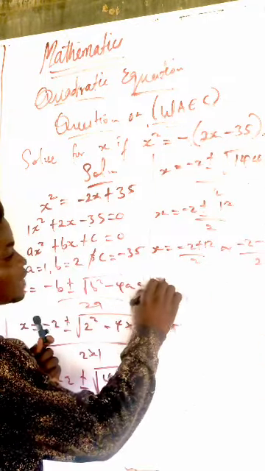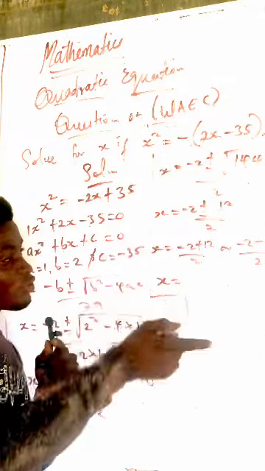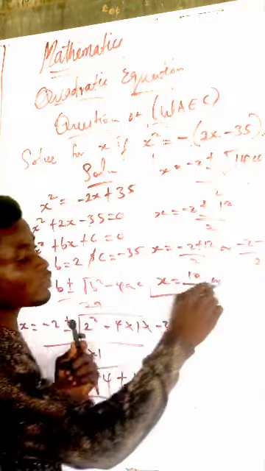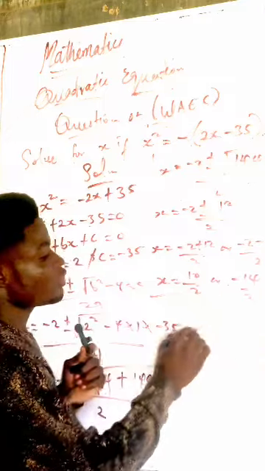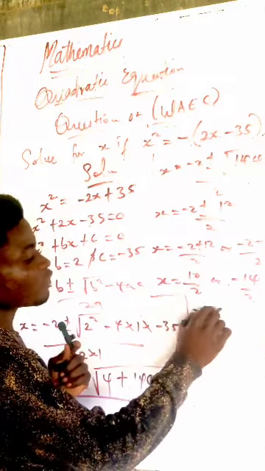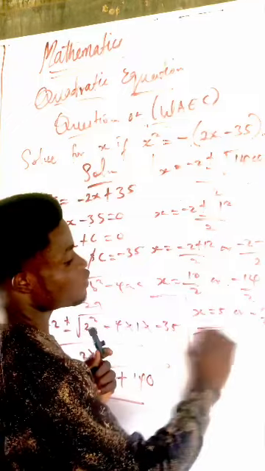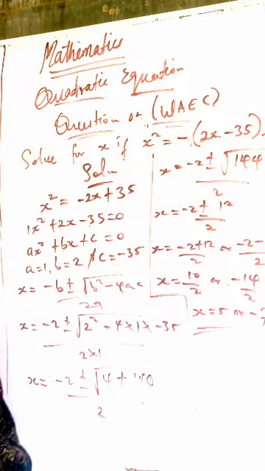So x now gives what? Minus 2 plus 12 is what? 10 over 2. Or minus 2 minus 12 is what? Minus 14 over 2. So x will give you 10 divided by 2, which is 5, or minus 14 divided by 2, which is minus 7. And those are the two values of x.